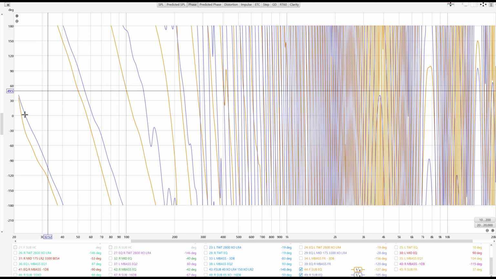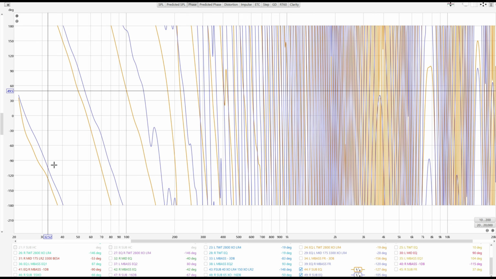So this is when things are in phase with the reference wave, and then these are one half of the cycle and the other half of the cycle. So we're not really looking at the phase per se of the speakers.